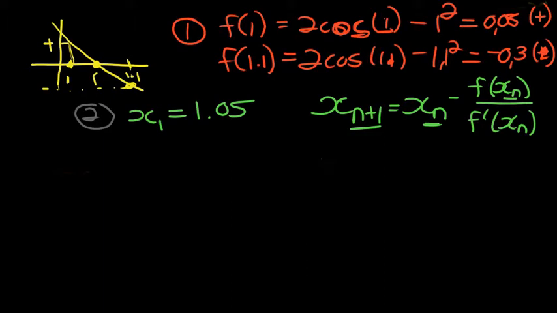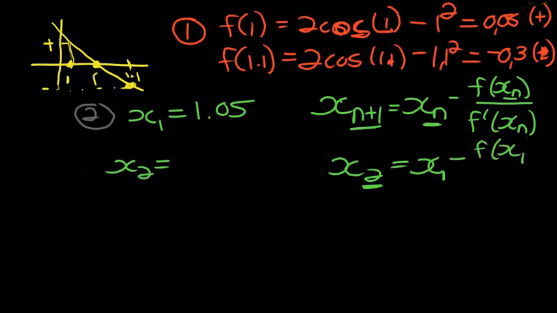Now we are going to need to get x2. Just to put it in a formula, x2 is the previous value x1, minus f(x1), which is x1 substituted into the function f, divided by the derivative at x1.